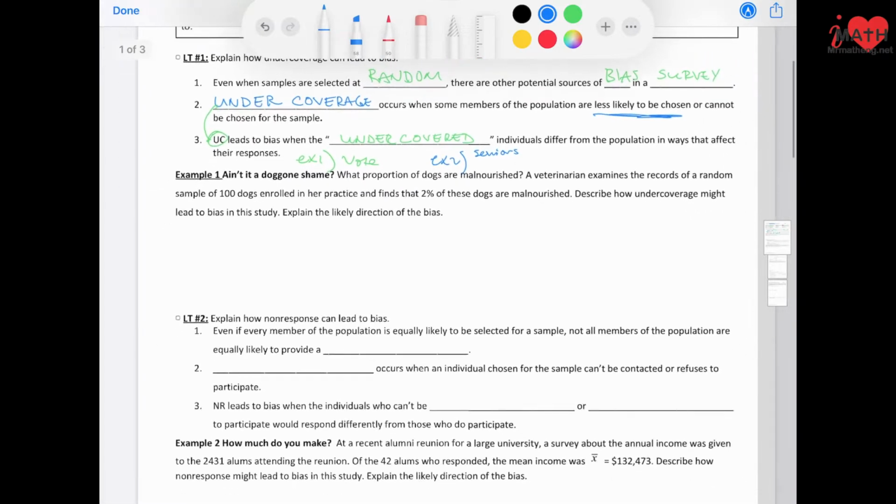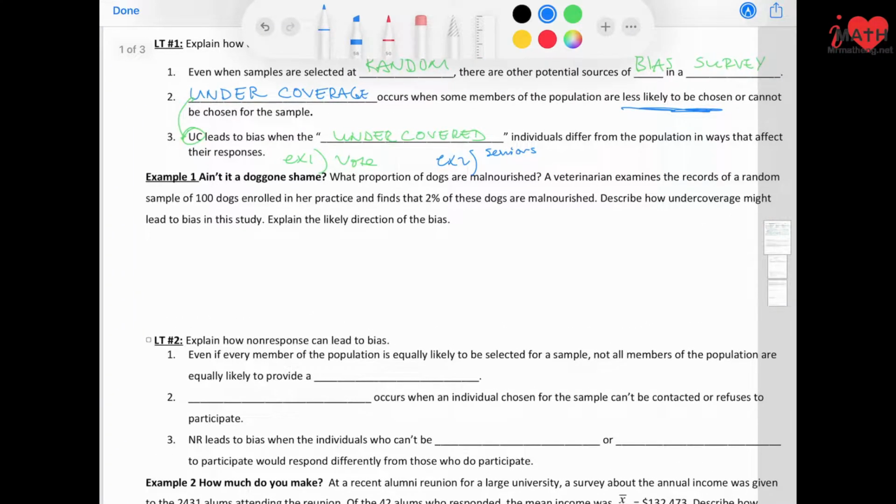Okay, let's do example number 1. Example 1, ain't it a doggone shame? What proportion of dogs are malnourished or don't have enough food? A veterinarian examines the records of a random sample of 100 dogs. So I'm going to circle this, and I'm just going to write n equals 100.